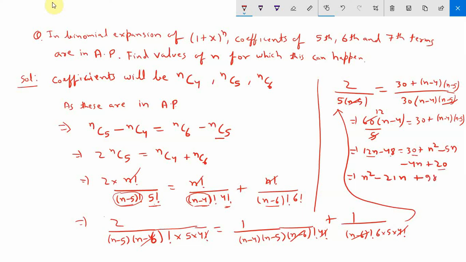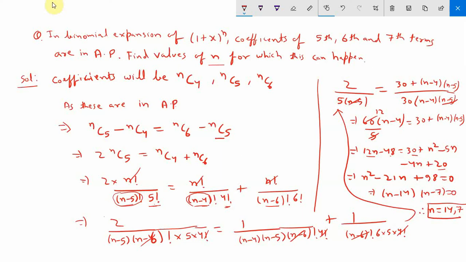We can factorize this as (n minus 14) into (n minus 7) equals 0. So the possible values of n are 14 and 7. So the values of n as we had to calculate are 14 and 7.